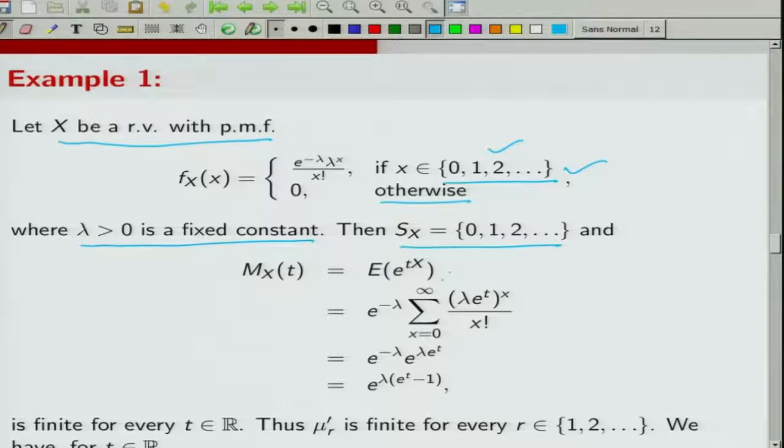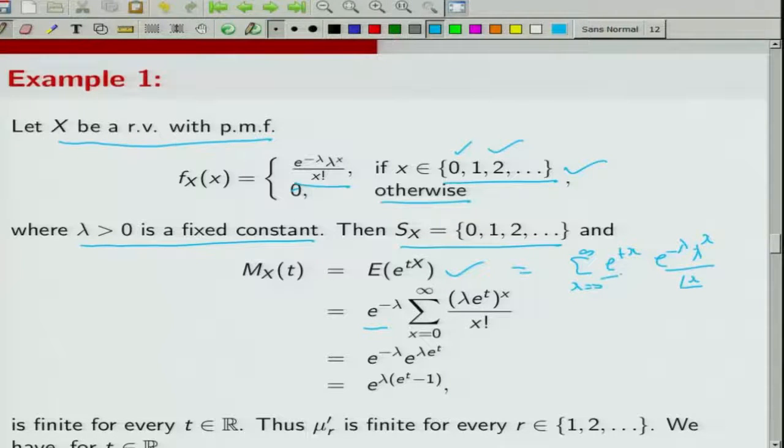I look at M_X(t), which is the expected value of e to power tX, which is the same as summation x equal to 0 to infinity, summing e to power tx into the probability mass function over S_X. The probability mass function is e to power minus lambda, lambda to power x by factorial x. So e to power minus lambda comes outside.